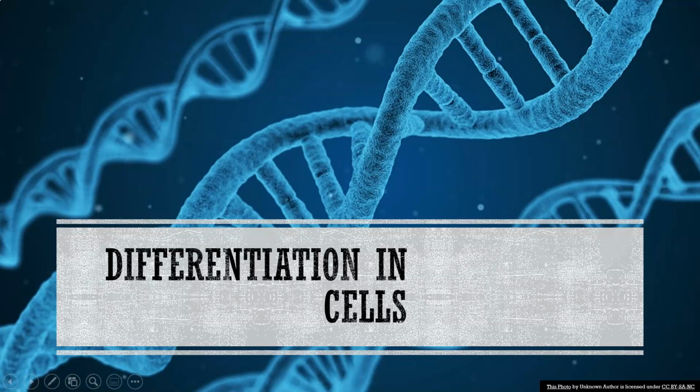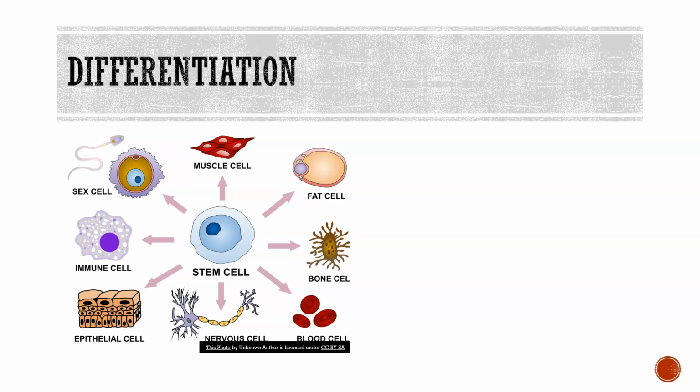Okay, so let's take this one step further now, because if we're saying that these multicellular organisms with cells that perform different roles are more adaptable as such, how do we get the cells to be able to perform different roles? And that's what we call differentiation in cells.